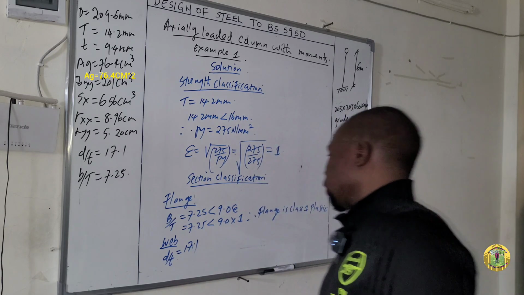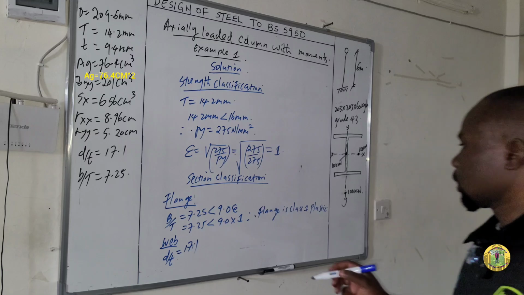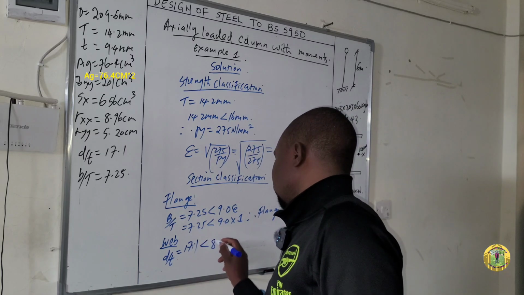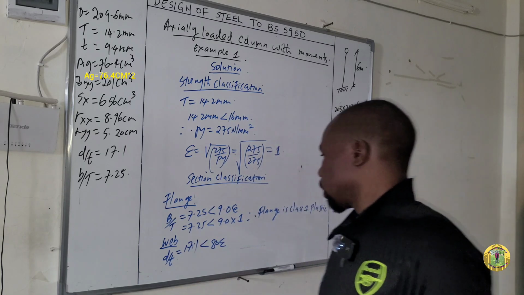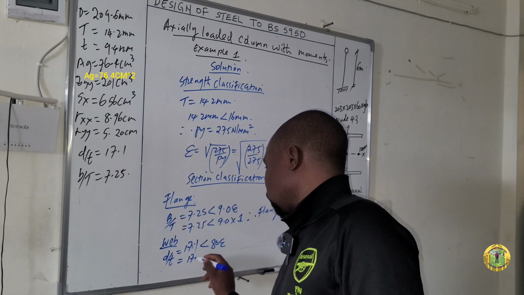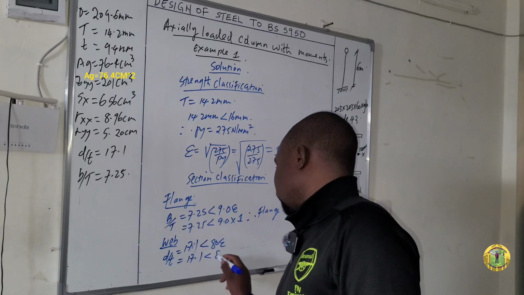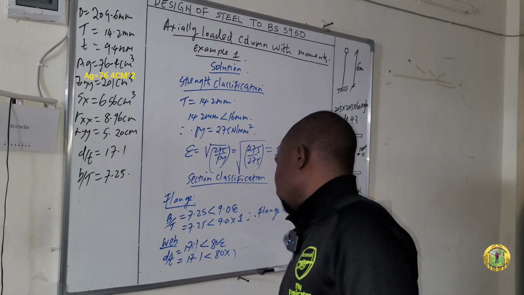And from the table provided by BS5950, 17.1 is less than 80 E. If you multiply 80 by 1, it will be true that 17.1 is less than 80 times 1.